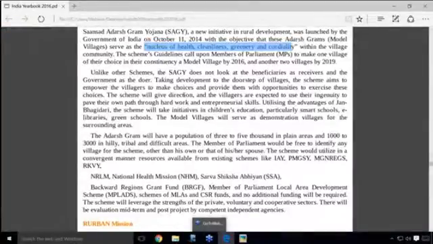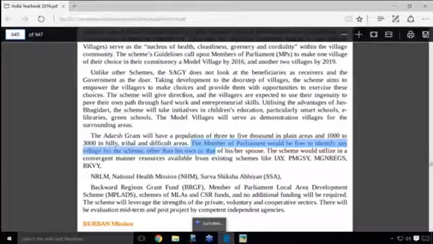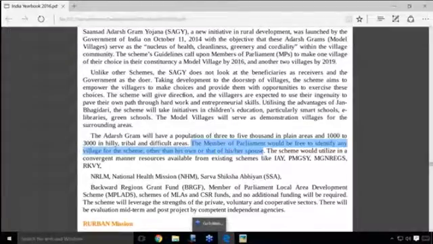So in this, the member of parliament would be free to identify any village for the scheme, but the exception is it should not be his own, or of his or her spouse. So you should be taking it under your district, but it should not be your village. That exception people will not know, so just try to know.